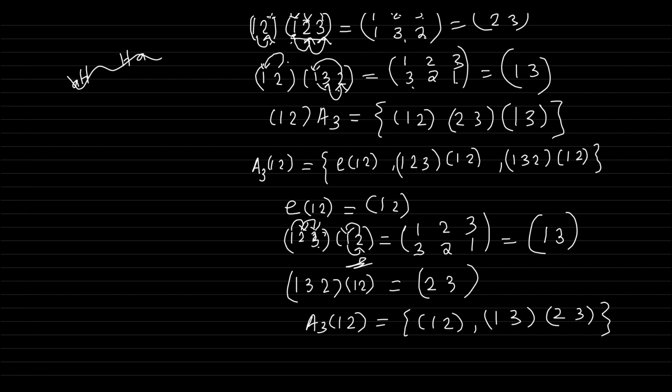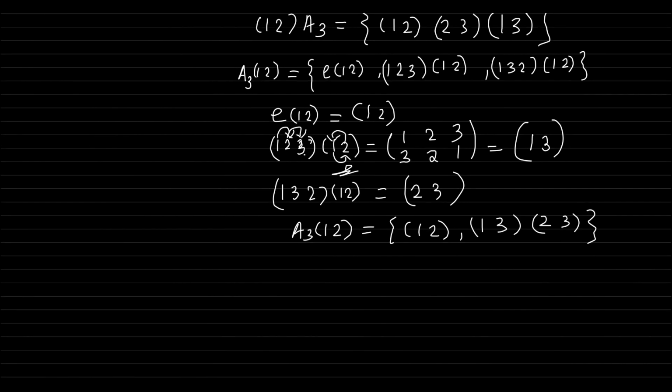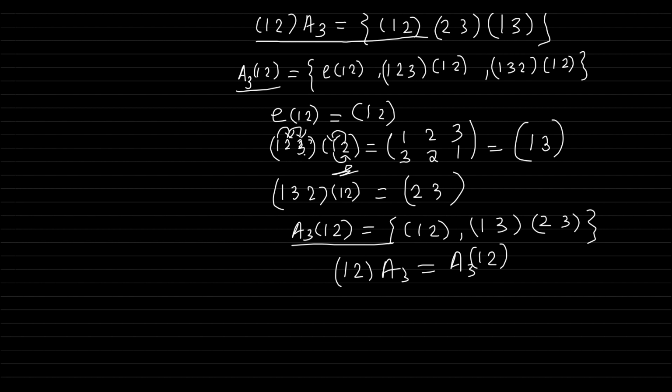Now look at these cosets. Here (1 2)A3 and A3(1 2) are the same, so both of these cosets are equal. In the same way, we can prove that for any sigma in S3, sigma A3 is equal to A3 sigma.